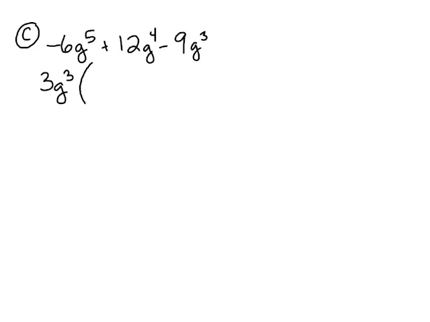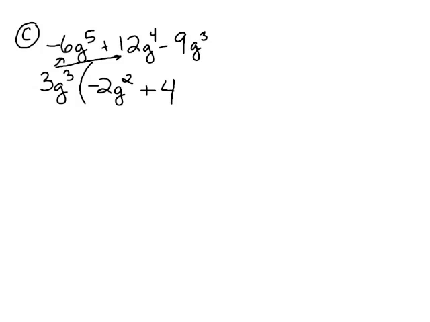So what do I times 3g cubed by to go back to negative 6g to the fifth? Negative 2. And how about the g? G to the second. What do I times this by to get back to positive 12g to the fourth? 4.